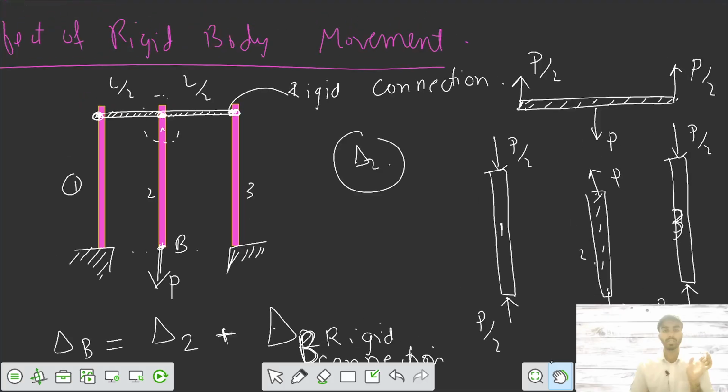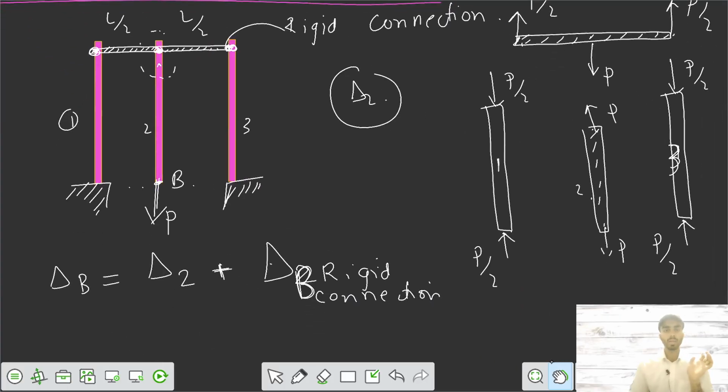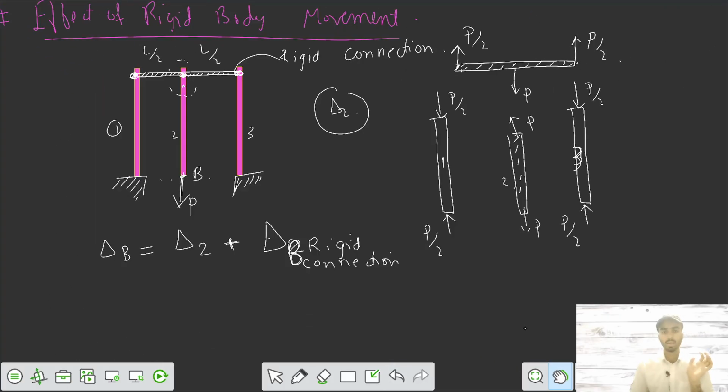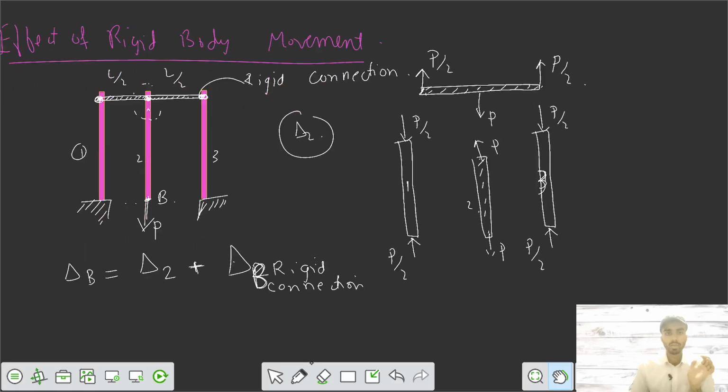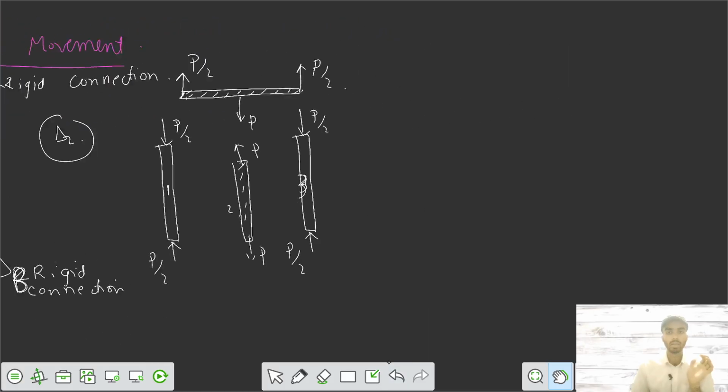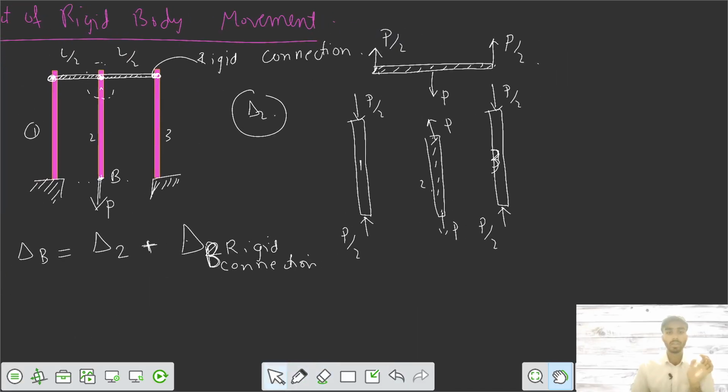So your rigid connection says, if your bar 1 is getting compressed, it's compression, minus, so your length gets shortened, and for this one also the length gets shortened.